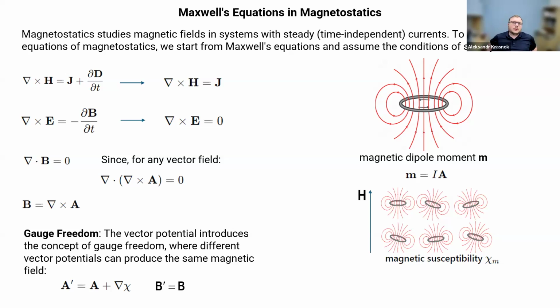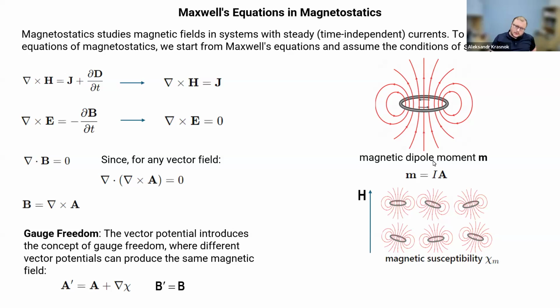This can be orbitals in atoms where electrons orbit around their nuclei, which is a single element of a current. Also, any type of spin, which is the intrinsic rotation of electrons or nuclei, generates a magnetic field. So any current generates a magnetic field.